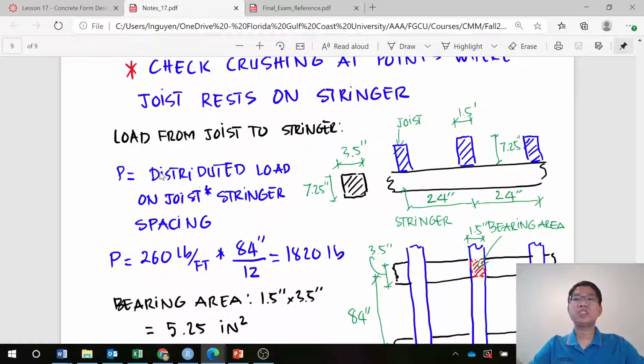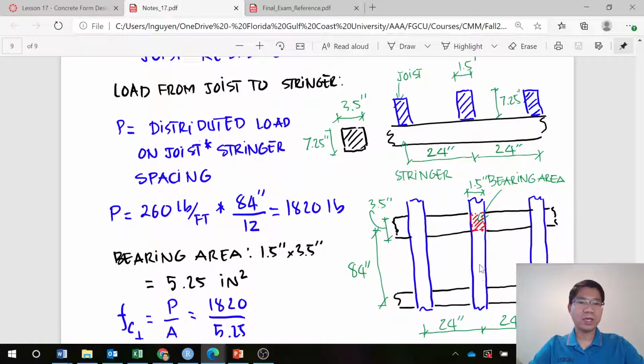So it equals the distributed load on the joint times the stringer spacing, because at one joint here, the stringer spacing is the length over which the load is distributed on the joint, and that will be the equivalent concentrated load applied at that location, and the same for this location. So you will have the 260 pounds per foot distributed load on the joints, and the stringer spacing of 84 inches that we designed earlier.